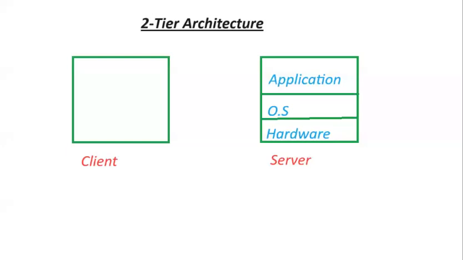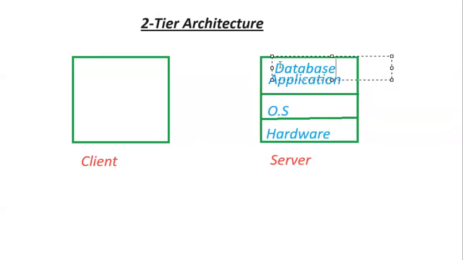So this is the two-tier architecture. How many layers do we have? Client layer as well as server layer. Coming to the database, every application consists of its own database, right?